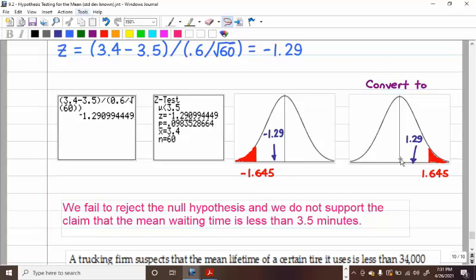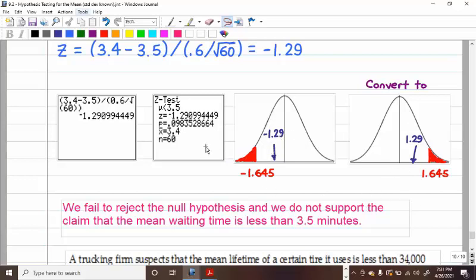What I have on the left is technically the right way to do it. But flipping it over, you might be able to visualize this better and go, oh yeah, 1.29 is definitely not greater than positive 1.645. So it's fail to reject. That's only if you have issues with this.